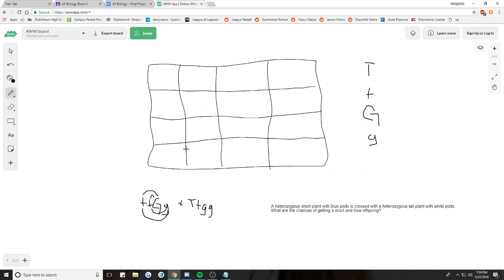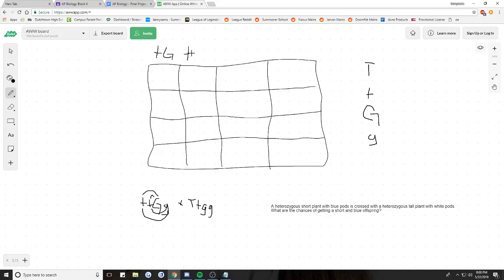So let's begin. Since the first parent is going to be on the top, you would begin foiling it. So the first one would be lowercase t to capital G. And then next one would be lowercase t and lowercase g.